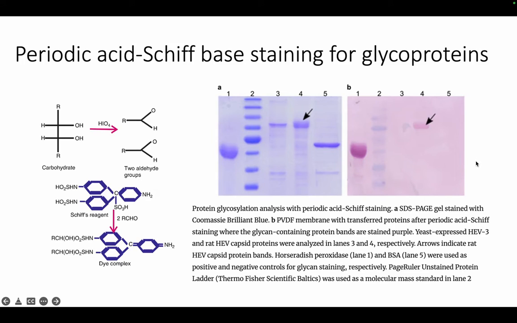So if we look at this stained gel, we can see that for sample 1 we are getting the same band, because we already know it is a glycoprotein, but we are also getting a band for sample 4. So we're able to see that this band corresponds to a glycoprotein. This is a way in which you can use specific staining to look at your proteins.